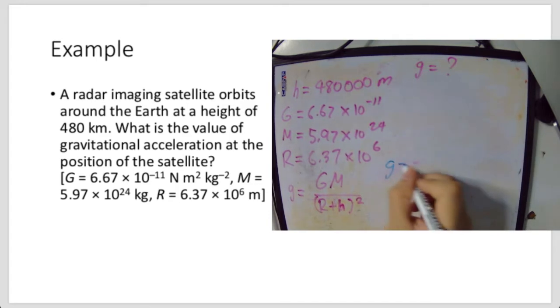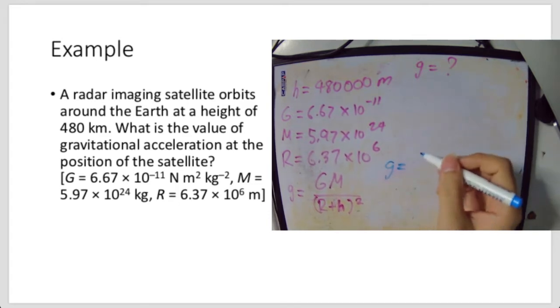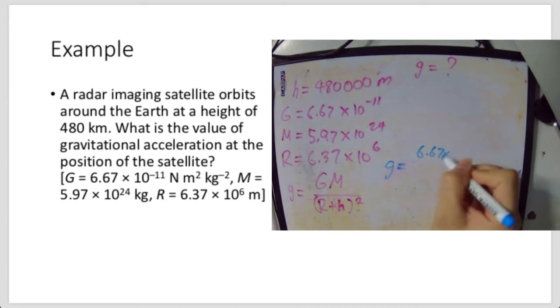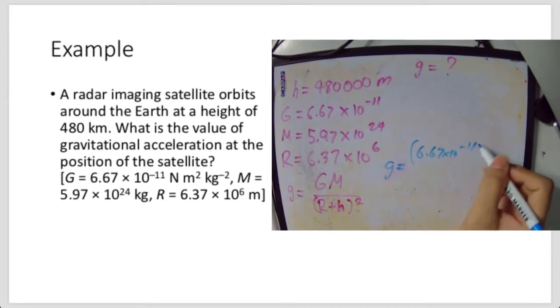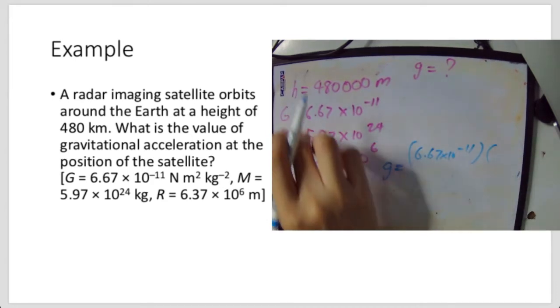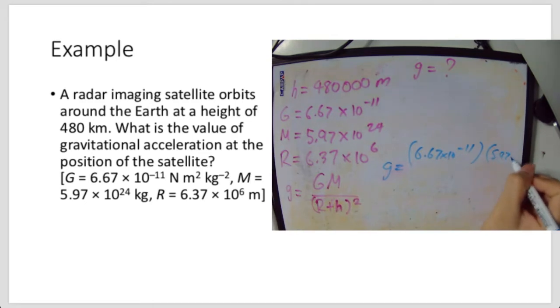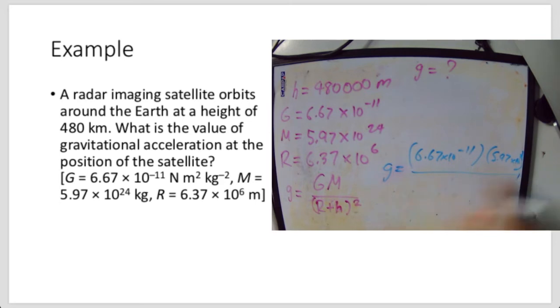So g equals, capital G is 6.67 times 10 to the power of negative 11, M is again 5.97 times 10 to the power of 24. I don't have enough space to write it out, but you know what I'm talking about. And then R is 6.37 times 10 to the power of 6, plus the height, which is 480,000.